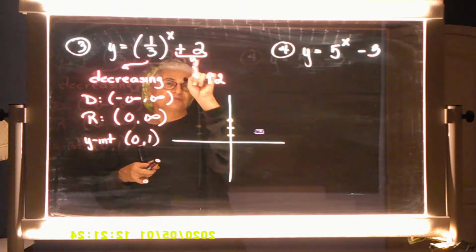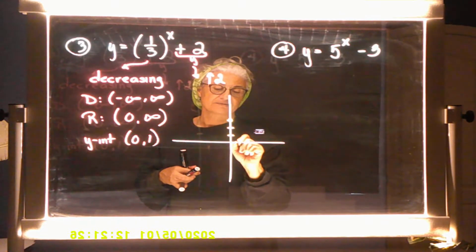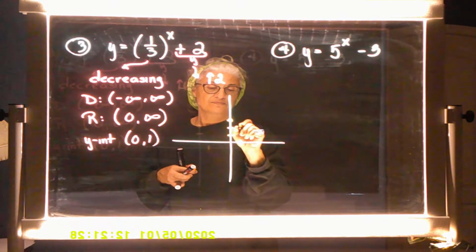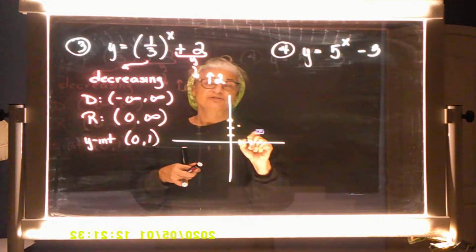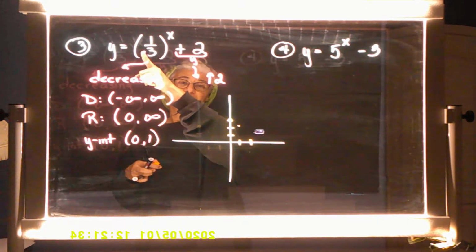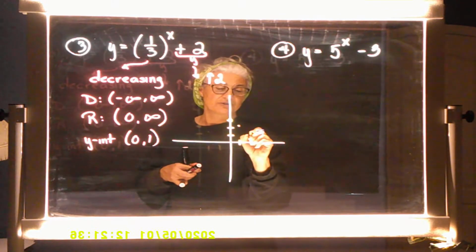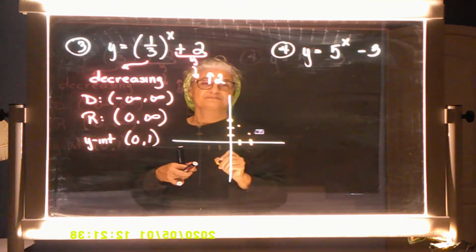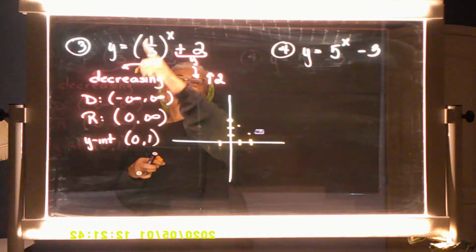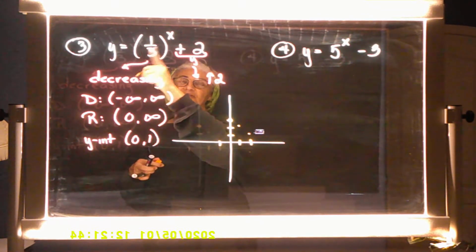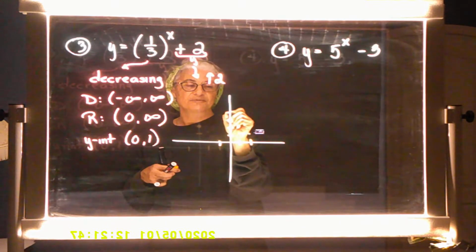Add 2, that's 2 1/3, isn't it? So right about there. If I plug in 2, I get a 9th, correct? Plus the 2 gives me 2 1/9, doesn't it? If I plug in negative 1, that's going to be a 3. 3 plus 2, yeah, that'll give me 5.